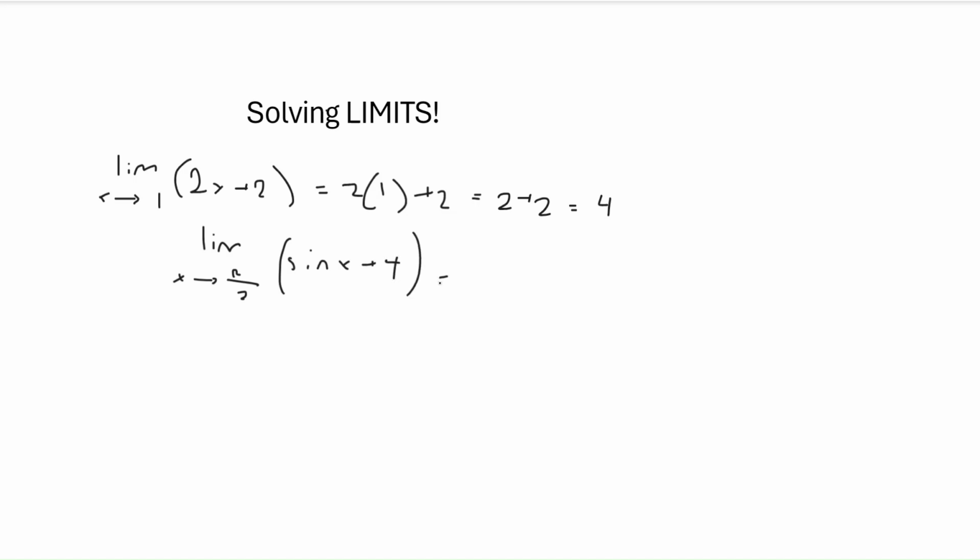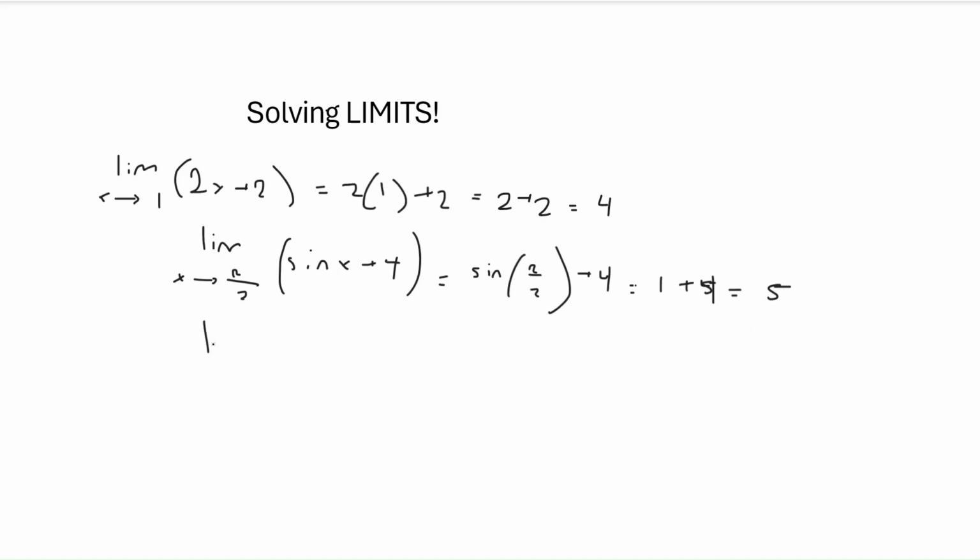Then it's going to be the sine of pi over 2 plus 4. And we know that the sine of pi over 2 is 1. So 1 plus 4 is going to give you 5. Okay, so that also works just as well.